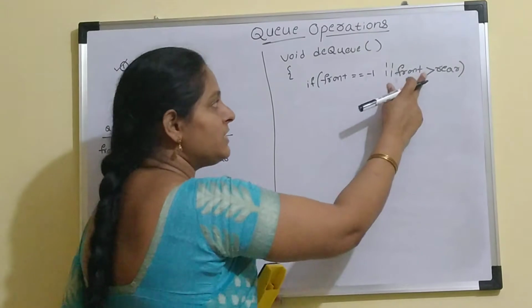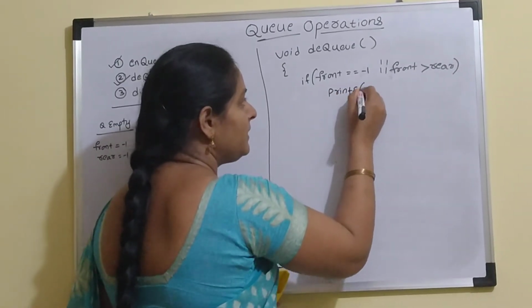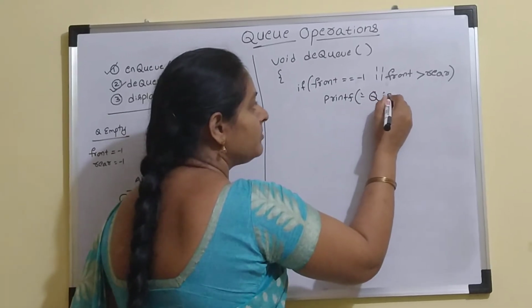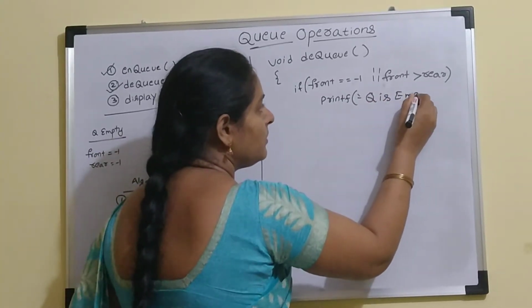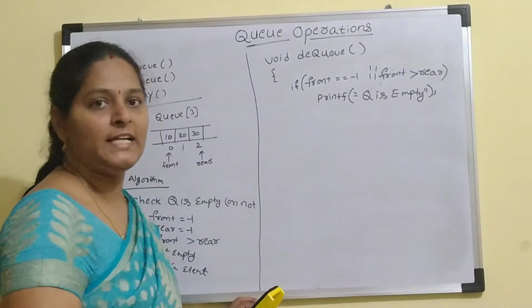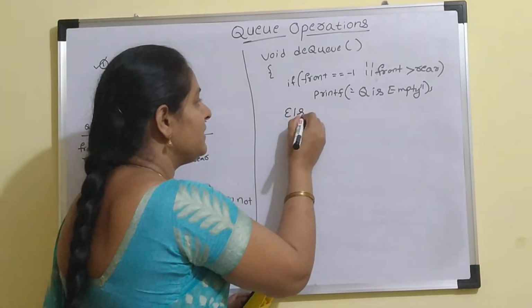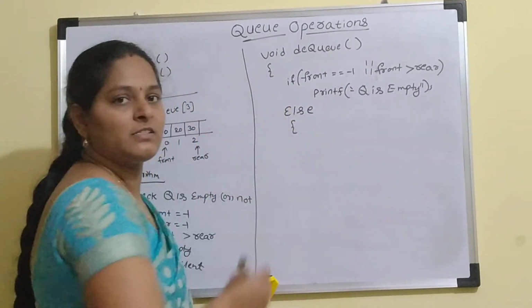If any one of these conditions is true, that indicates that the queue is empty. On an empty queue, we cannot perform the deletion operation. Only if the queue is not empty can we delete elements.